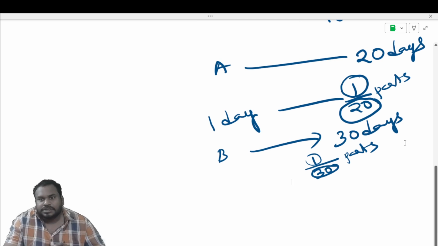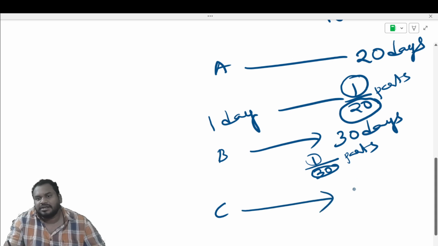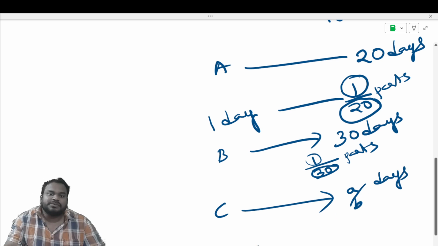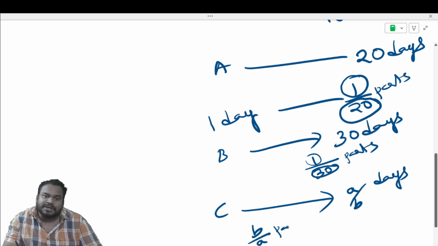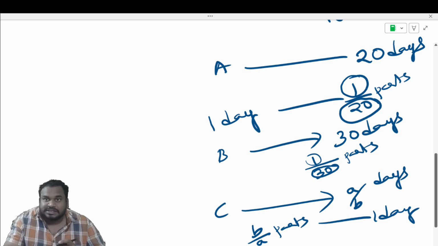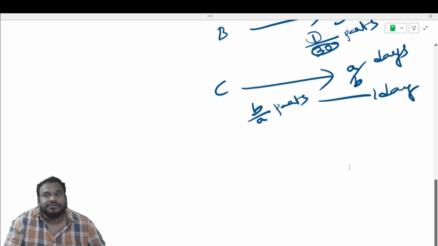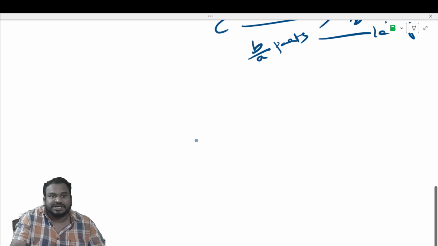Now there is a person C, who does the work in A by B days. Then what is the amount of work he does in one day? It is nothing but B by A. B by A parts of work he does in one day. The work he does in one day, I'll call efficiency.